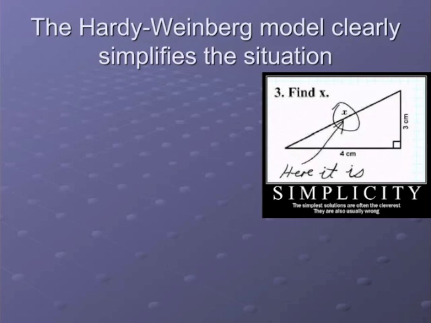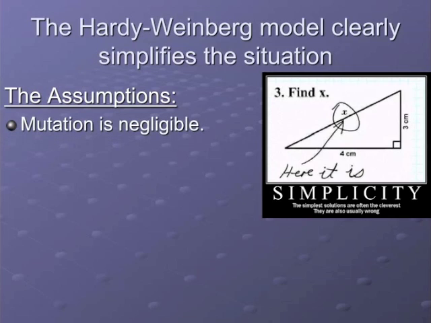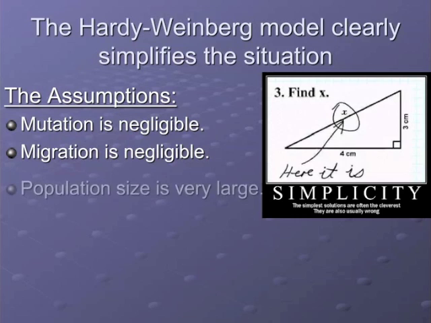The Hardy-Weinberg model simplifies the situation and makes a few assumptions. First, there's no mutations, which is just silly. Second, nobody moves, so the gene pool stays constant, which is, again, silly.